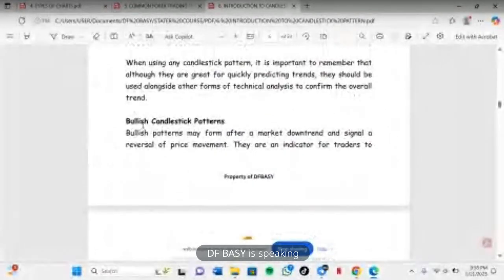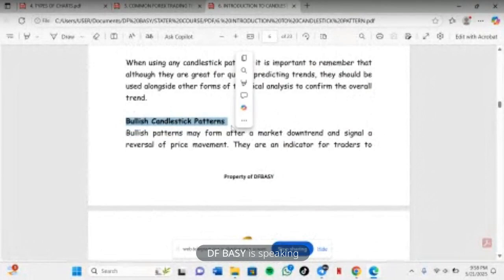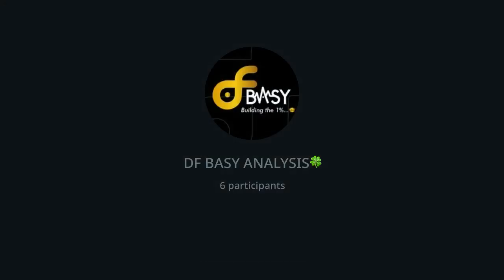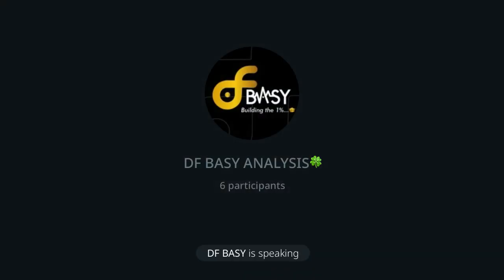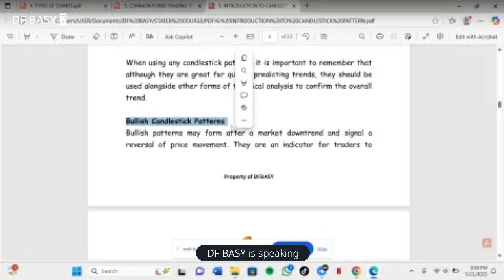So now in the types of candlestick patterns, we have bullish candlestick patterns and bearish candlestick patterns. When you see a bullish candlestick pattern, this indicates that the market will change direction to being bullish if it was bearish. It shows an indication that there'll be a change in price action.